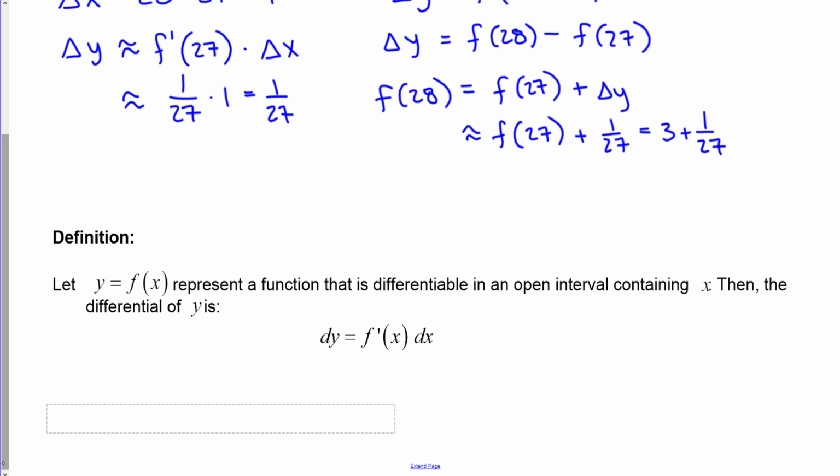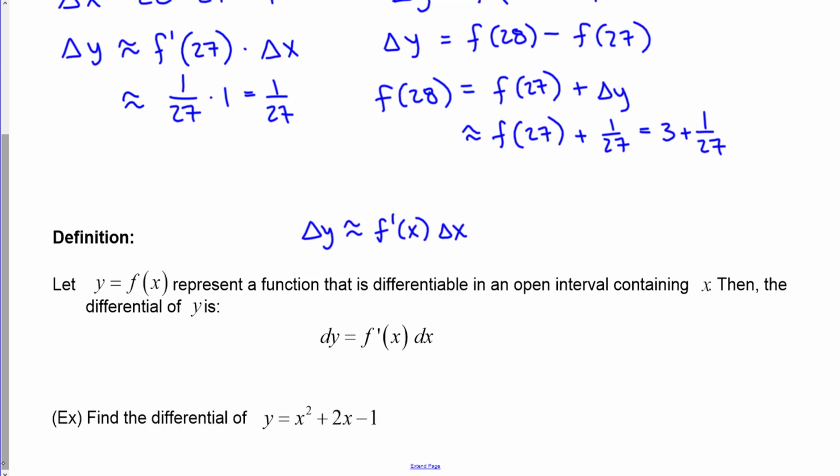Now, if you'll notice, this is very similar to our rule for approximations. Effectively, if you take delta y is approximately f prime of x times delta x, and you go through the limiting process, you end up with dy equals f prime of x dx. So it's the same rule, just through approximations, or through the limit process.